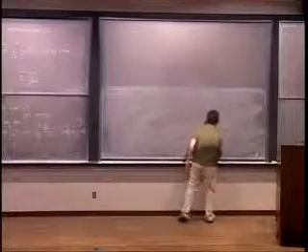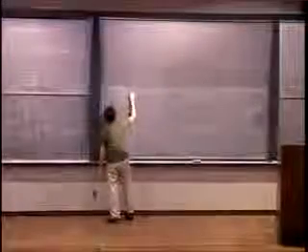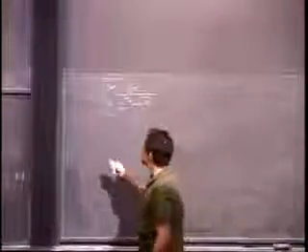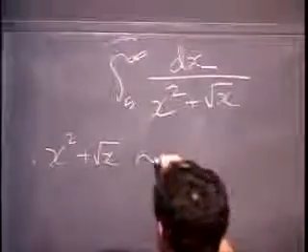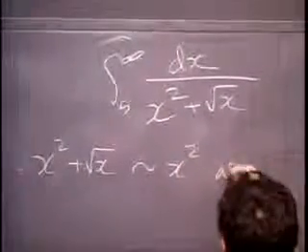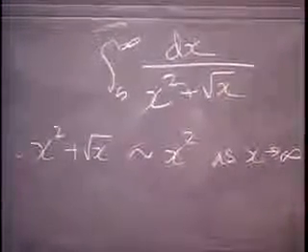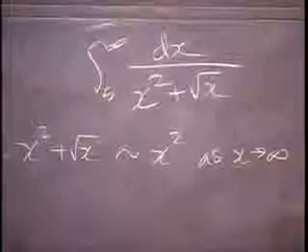If you have the same integral from 5 to infinity, dx over x squared plus root x, everything is different here. Now, x squared plus root x does not behave like the lowest power, it behaves like the highest power as x goes to infinity. Compare that with the other one. This behaves like root x as x goes to 0, but it behaves like x squared as x goes to infinity.